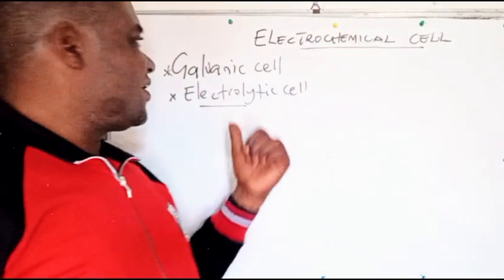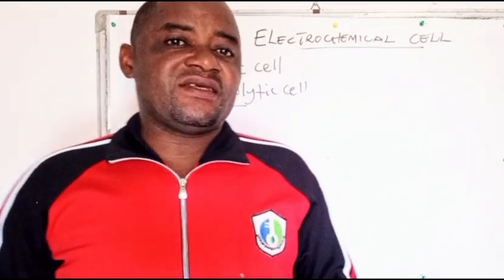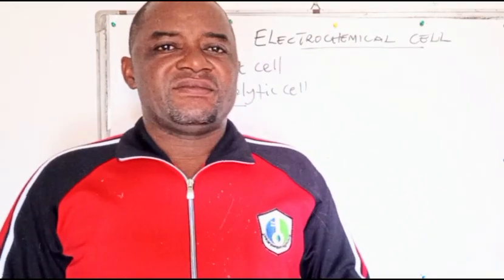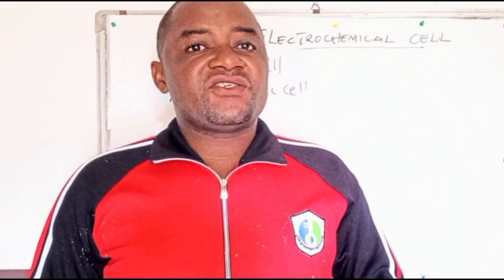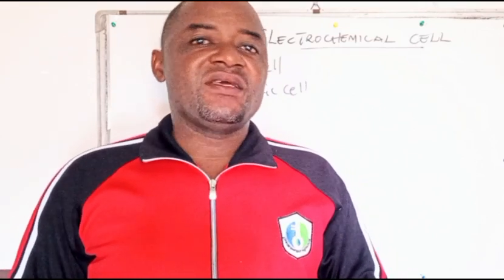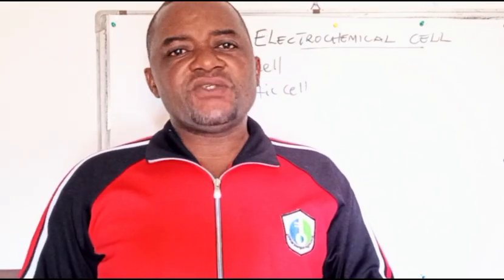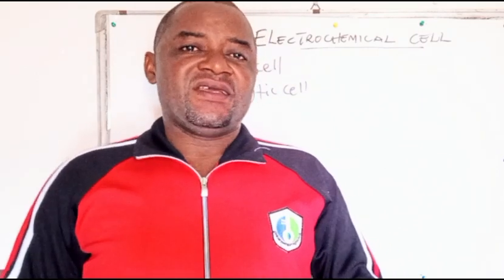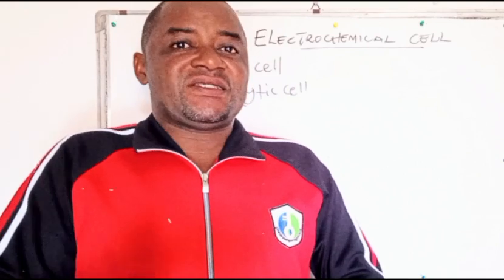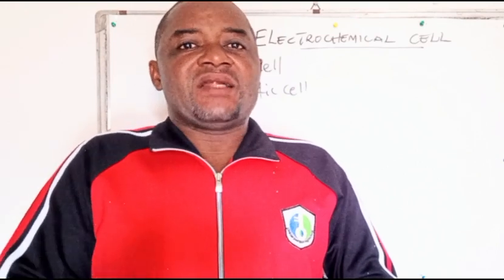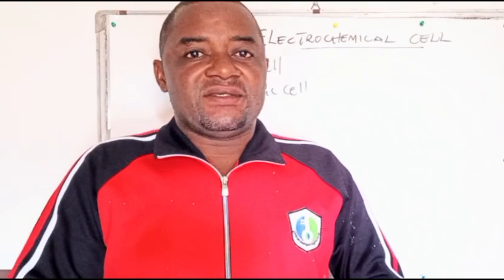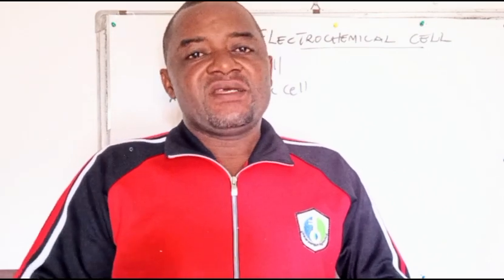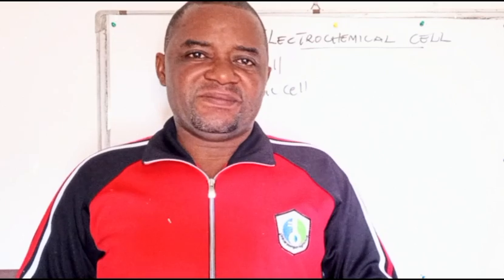But for an electrolytic cell, what happens there is simple. You do not need to have the chemical reactions supply electricity. What you need is simple. You need to supply the electricity, the current, to the system, to the cell, to allow for the functionality of the reactions of the chemicals in the system.